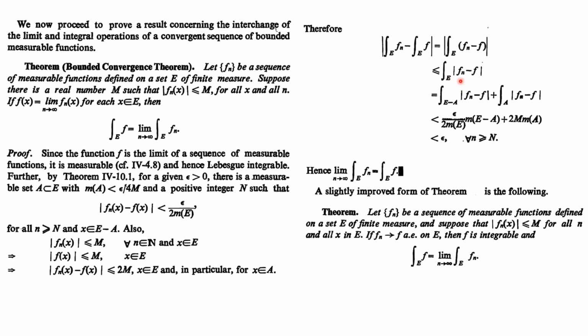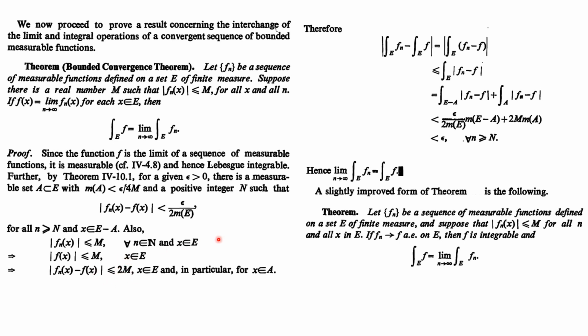Now further we can split E into E minus A and A. These both are disjoint sets. So we can split this integral, and this will be equal to the integral of this function over E minus A plus the integral of this function over A. Now just see, over A we have already shown that mod of fn minus f will be less than or equal to 2m.